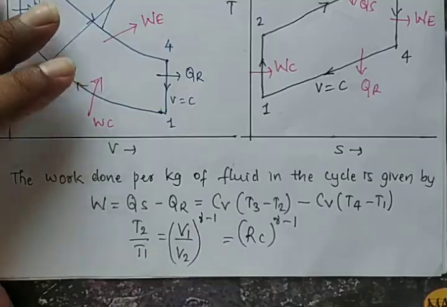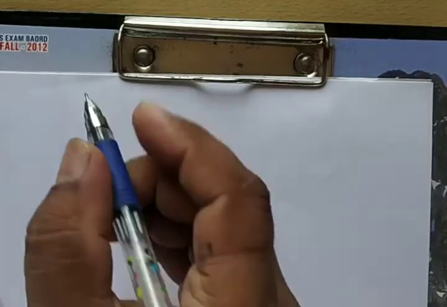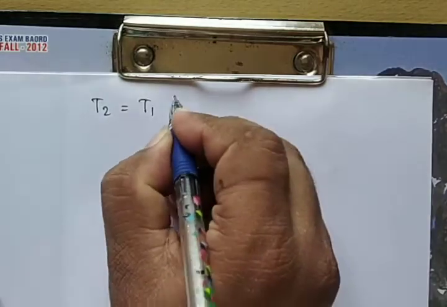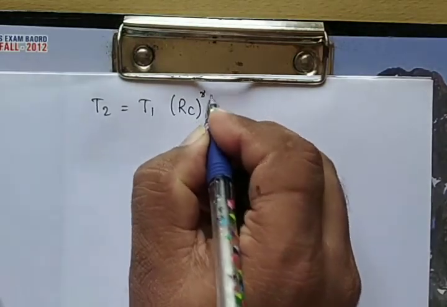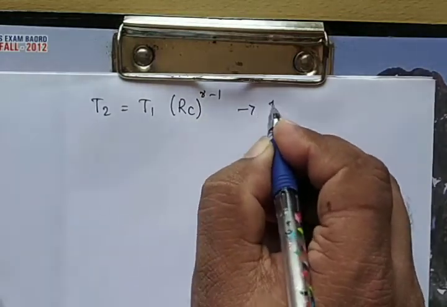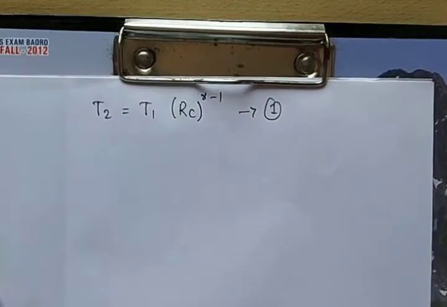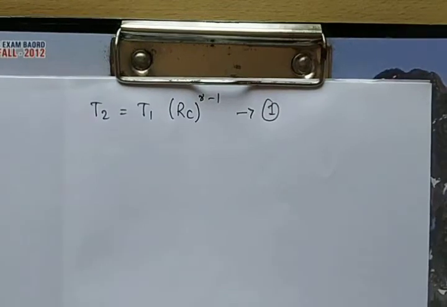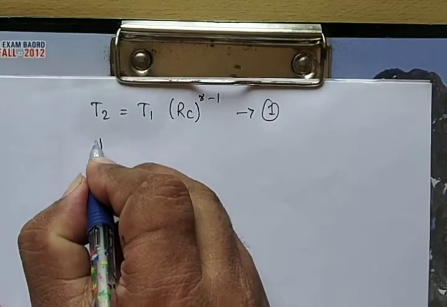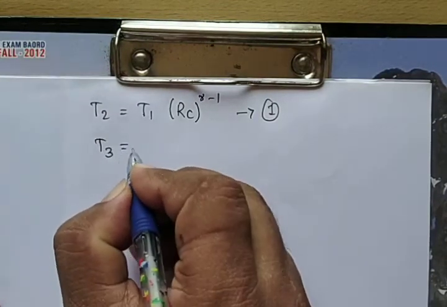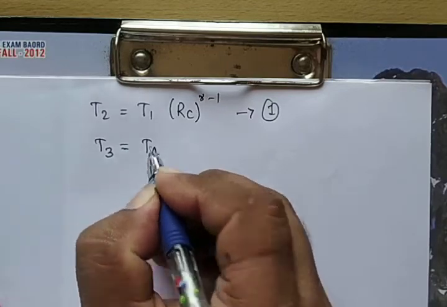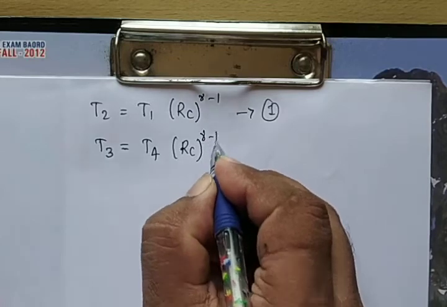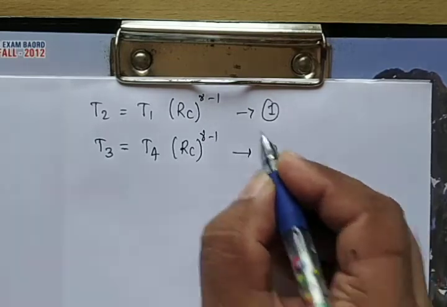So let us write these two terms. That is T2 equal to T1 into rc to the power gamma minus 1. I will call this equation 1. As I said, it is being written by considering the process 1 to 2. And then during the isentropic expansion process, T3 will be equal to T4 into rc to the power gamma minus 1, which is equation 2.